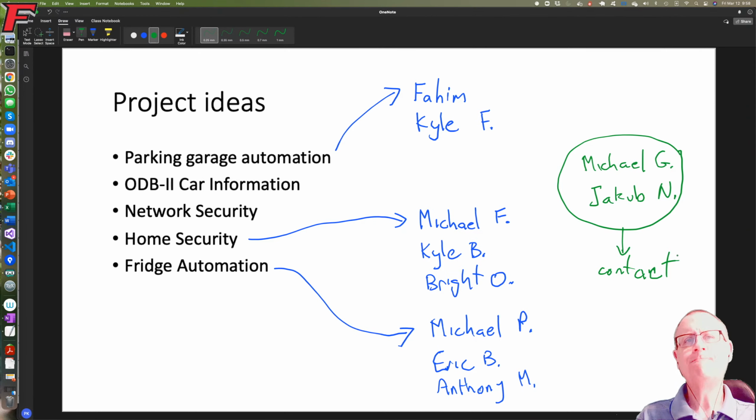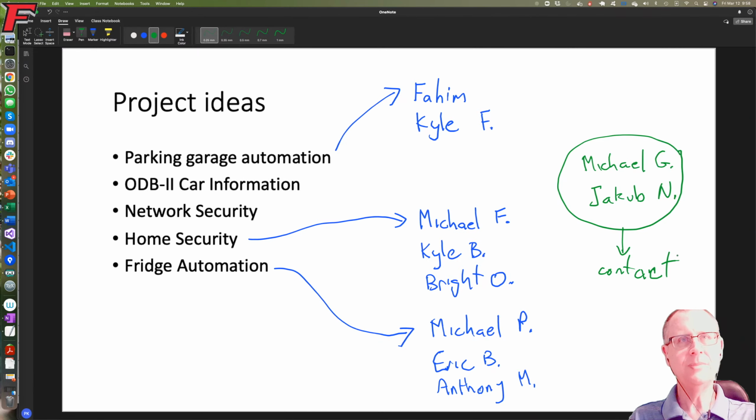Okay, so that's where we are. So we've got three. I think they're all good ideas for projects, but we've got three good projects to go forward with. What I'm going to do is set up separate text and voice channels for each group, and they'll be private to each group.